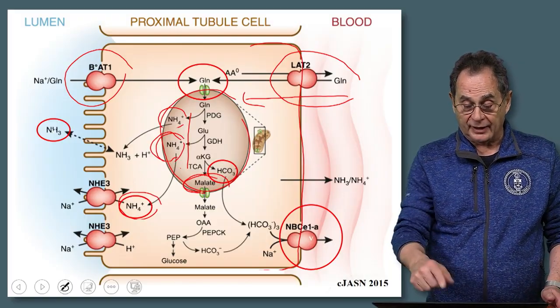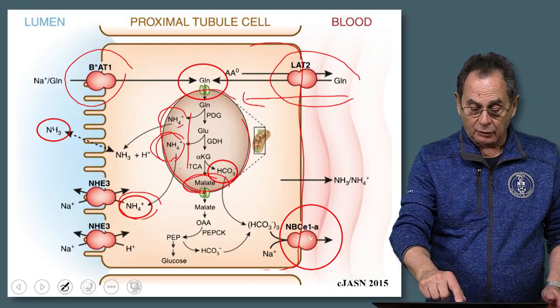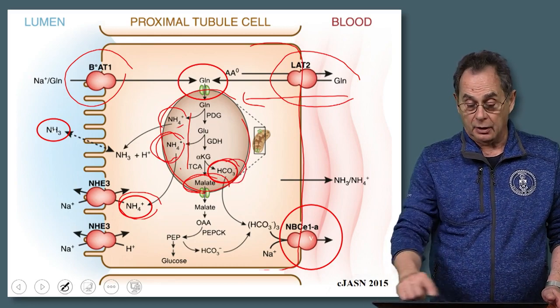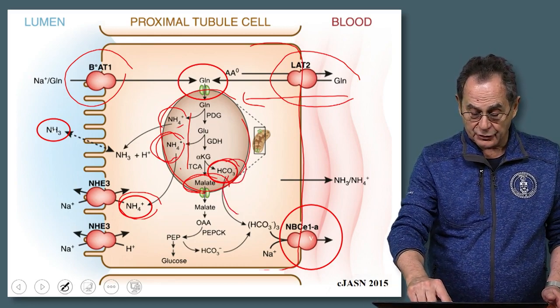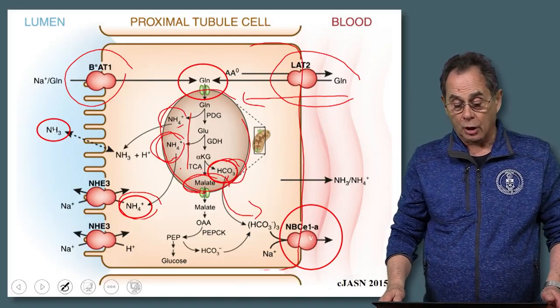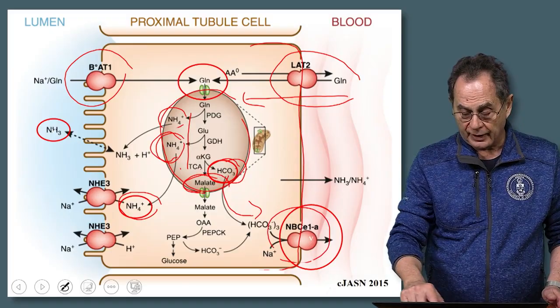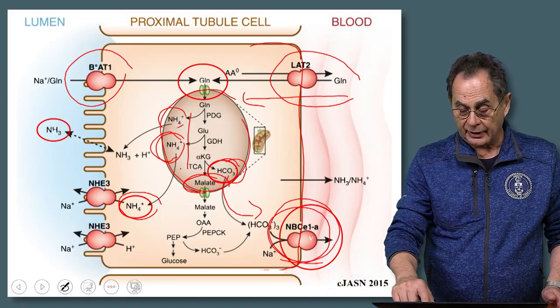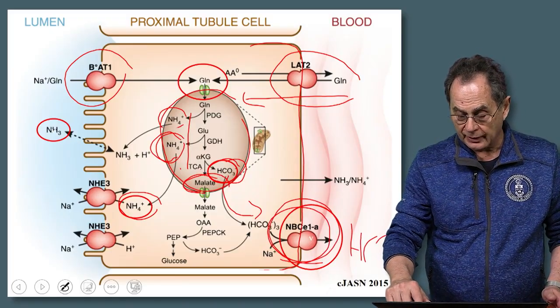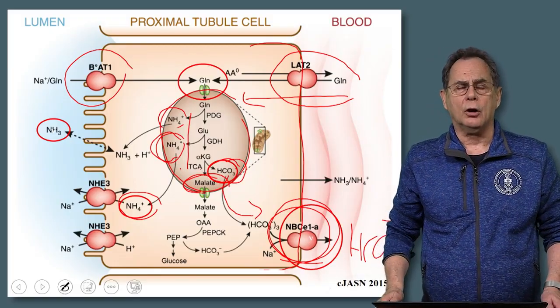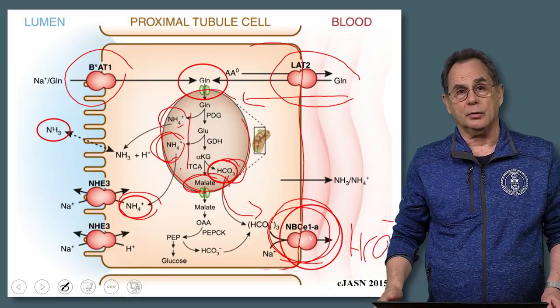Well, the other thing is that the last step from alpha-ketoglutarate to malate also generates bicarbonate. The bicarbonate exits the mitochondria, and then the sodium bicarbonate cotransporter in the basolateral membrane transports the bicarbonate to the blood compartment.